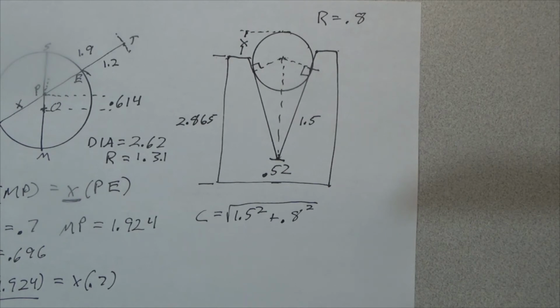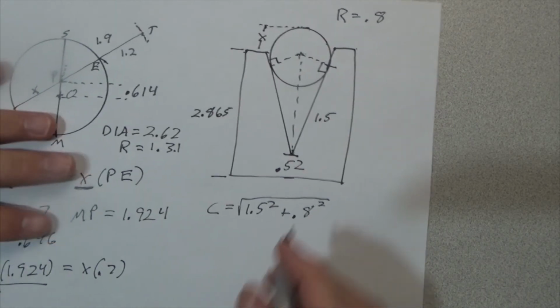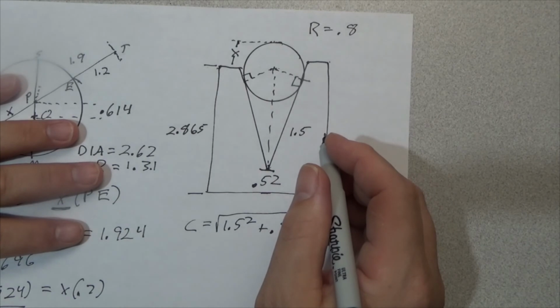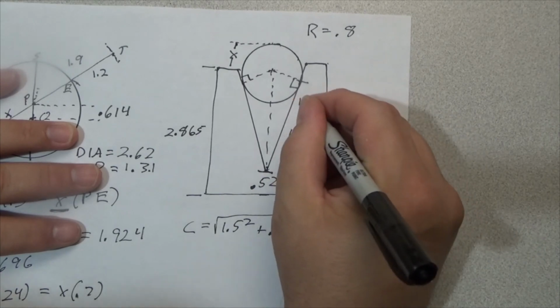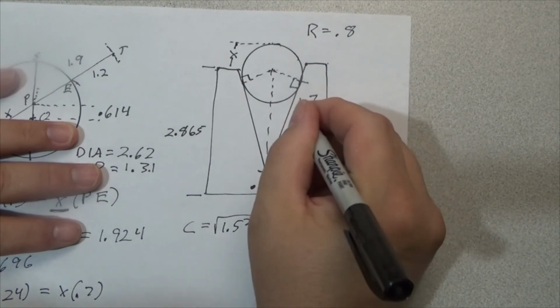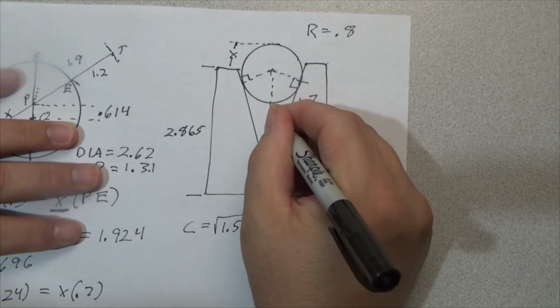So the square root of 1.5 squared plus 0.8 squared is 1.7 right there.